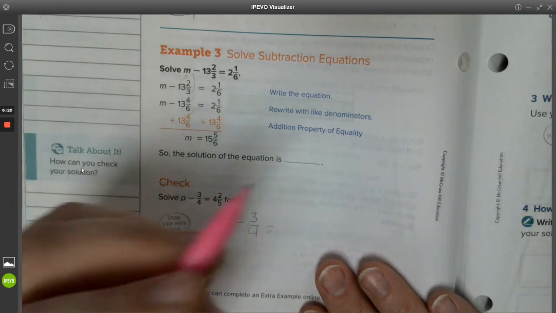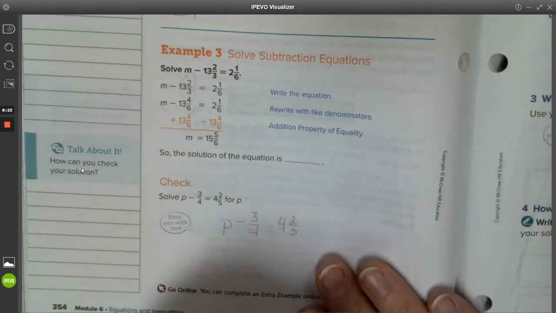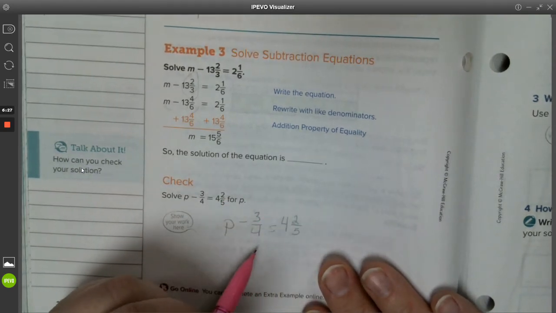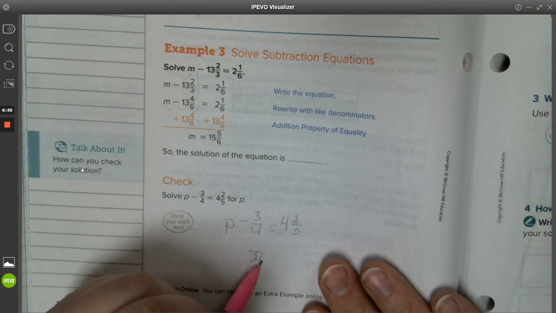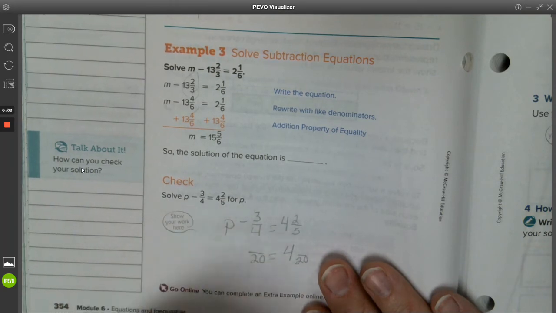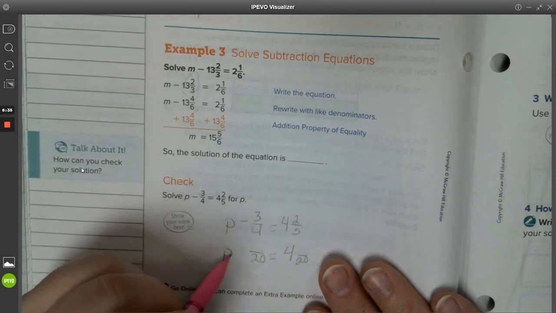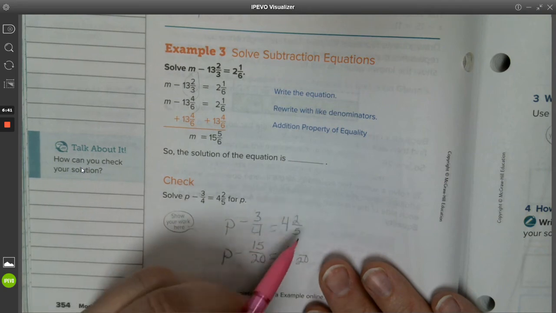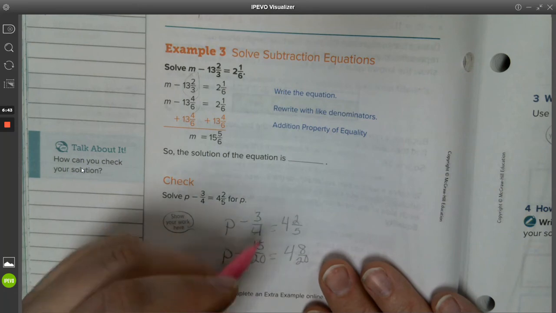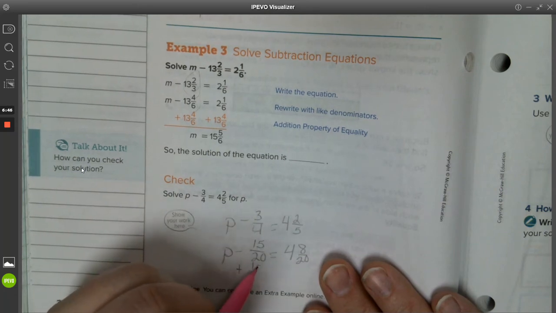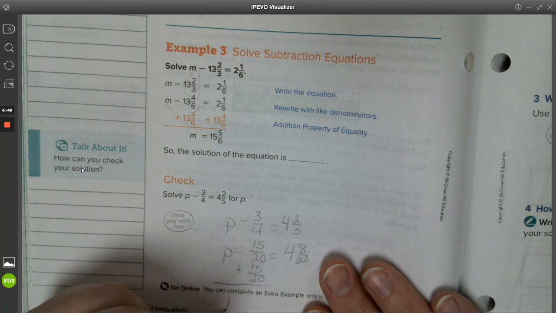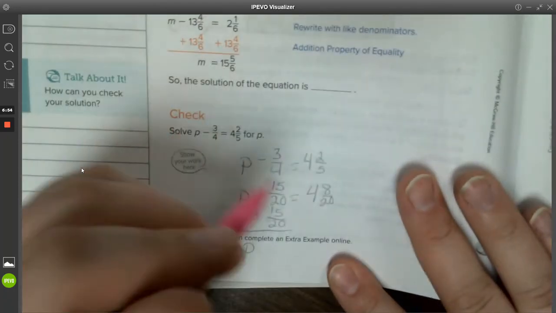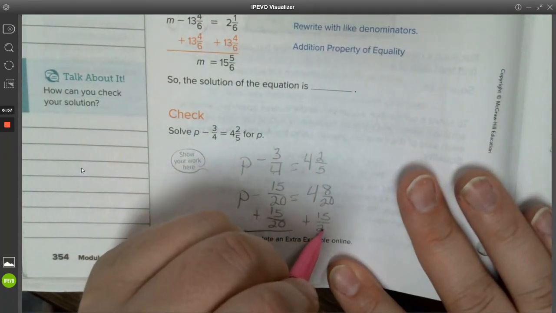So when we do this, we first need to come up with common denominators. That means I'm going to change my fractions to have a least common denominator of 20. So if I'm doing that here, 4 times 5 is 20, so 3 times 5 is 15. 5 times 4 is 20, so 2 times 4 is 8. We are then adding 15/20ths to both sides to get p by itself. 15/20ths over here.